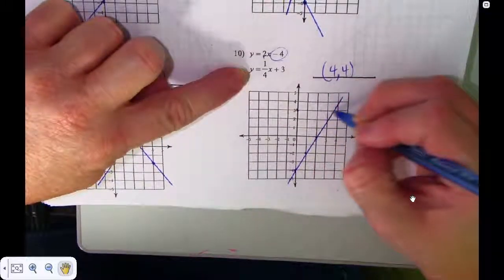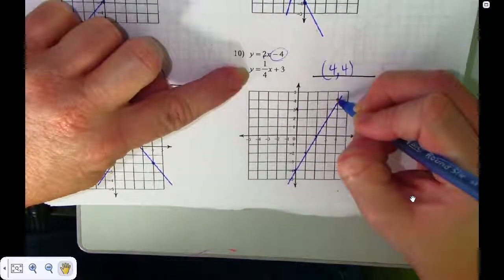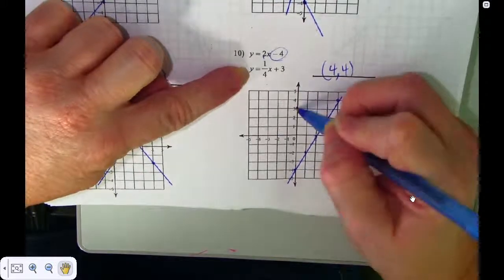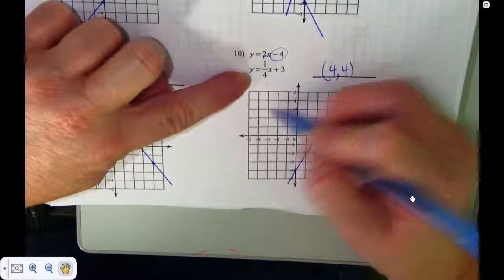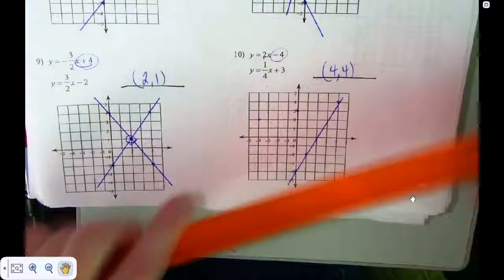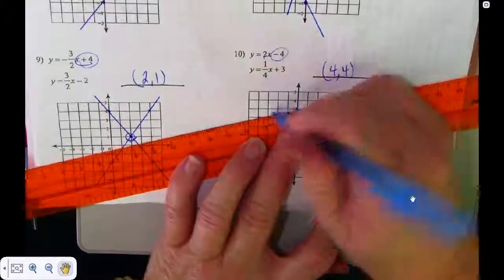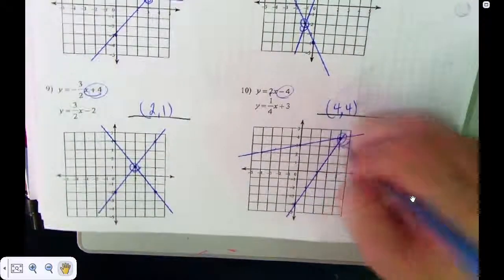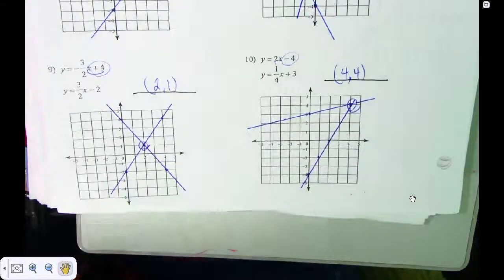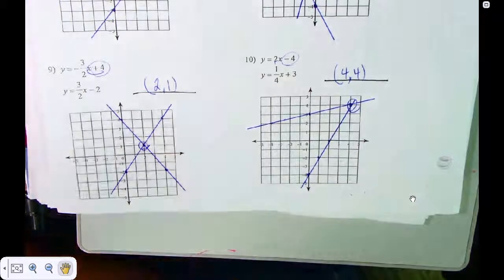I'm going to run 4 up 1. I could come back and put negative on both of them. Negative 4 down 1. There we go. 4, 4. We good?